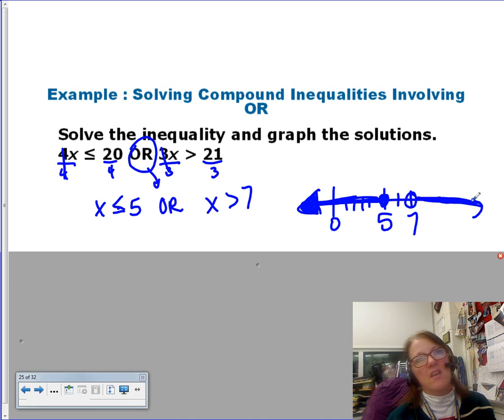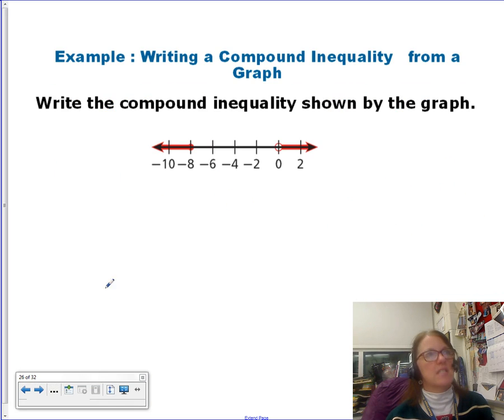As you can see, they encompass a lot of the number line, but there is that gap in between the 5 and the 7. So either your solutions lie in this part of the shaded region or over here on this part of the shaded region. You have nothing that satisfies both of them at the same time, and that's why you have to use the word or.